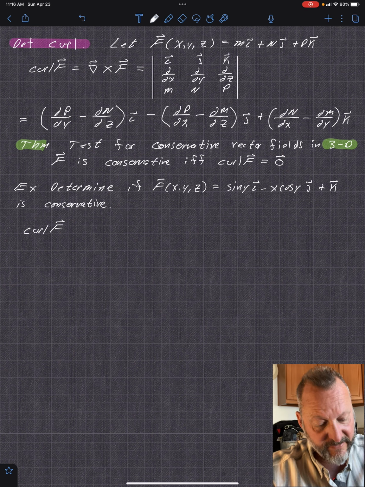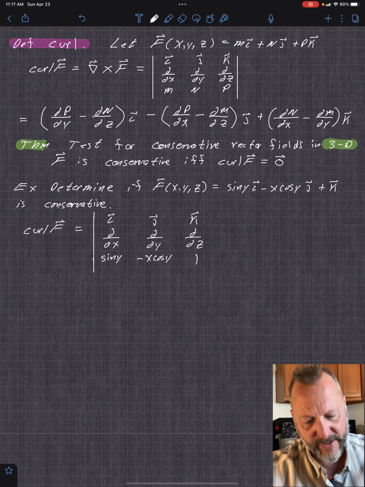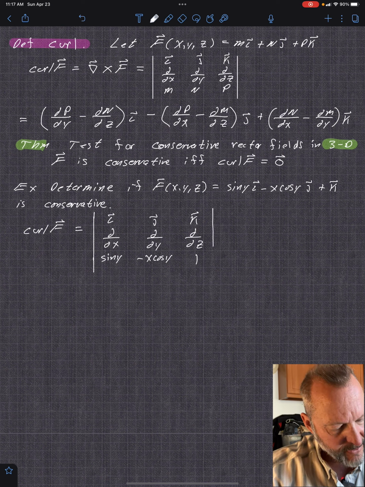So curl of F, and then you write out the determinant and put in those values or the functions. So the determinant of i, j, k, and then you put in the partials, partial with respect to x, partial with respect to y, partial with respect to z, and then you put in your functions. So sine y is M, negative x cosine y is N, and just 1 is your P. And then you calculate that.